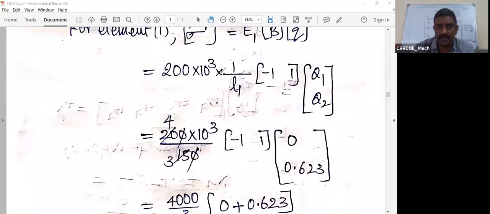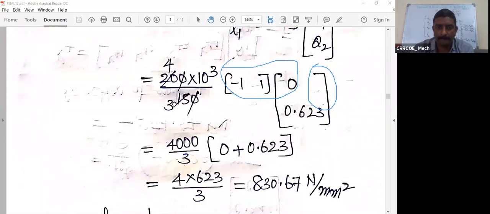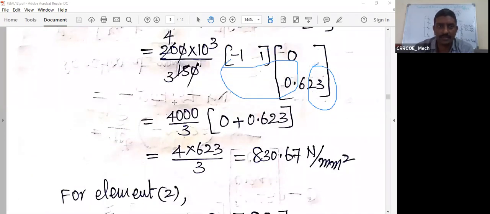On element 1, these are the nodal displacements. After simplification, the stress on element 1, sigma 1, is 830.67 Newton per mm square.